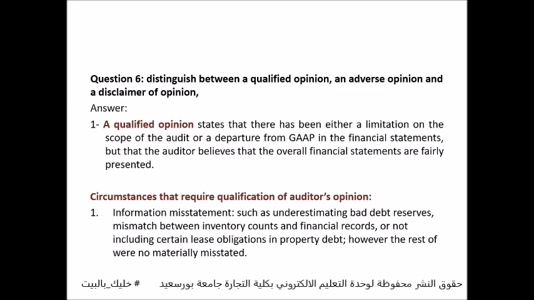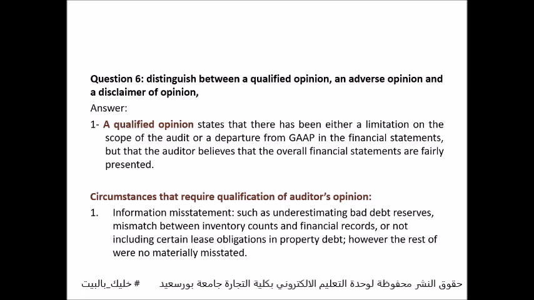Circumstances that require qualification of the auditor's opinion. Number 1, as we mentioned before, information misstatement, such as underestimating bad debt reserves, mismatch between inventory counts and financial records, or not including certain lease obligations in property debt.